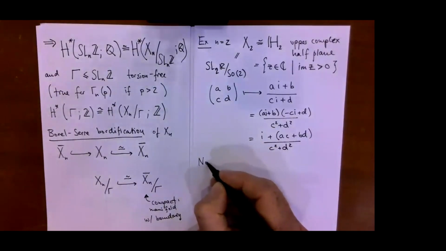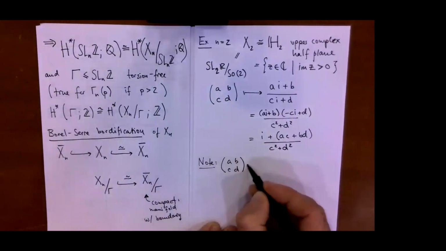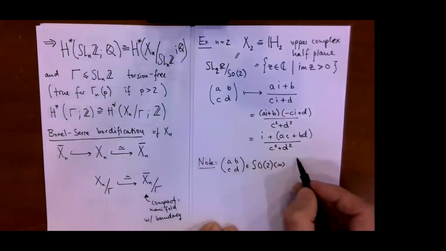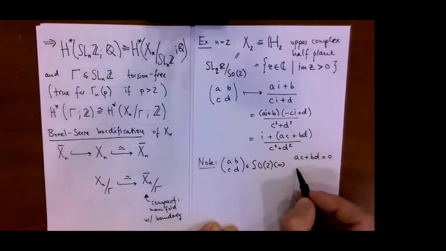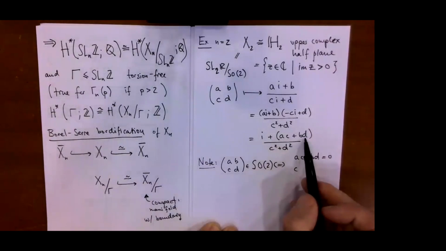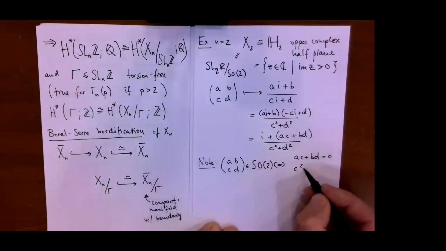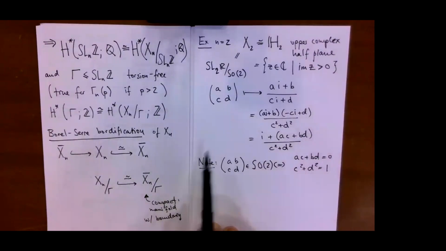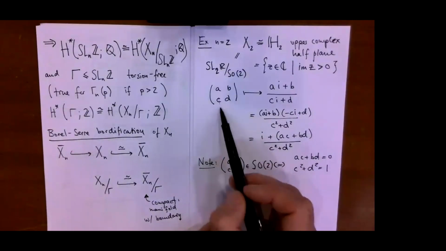So in particular, you notice that this matrix is in SO2 exactly if ac+bd is, what is this? This is the scalar product between these two vectors, and this is the length of this vector. That has to be 1, this has to be 0.